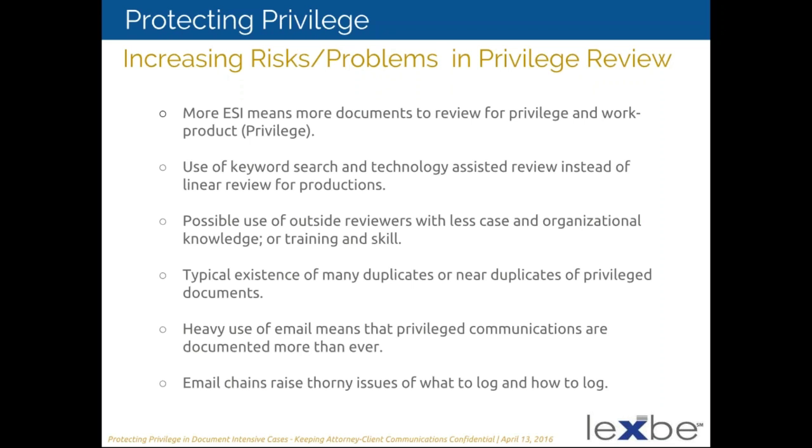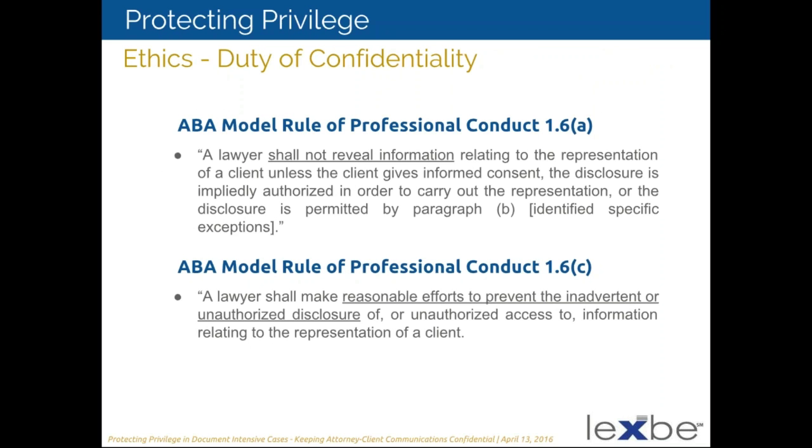Let me talk now about just the underlying ethical rules here a little bit for lawyers, and I'll be referring to the ABA rules, although they're typically similar things in the state rules. There's the general requirement that a lawyer will not reveal information, and that the lawyer will make a reasonable effort to prevent inadvertent or unauthorized disclosure.